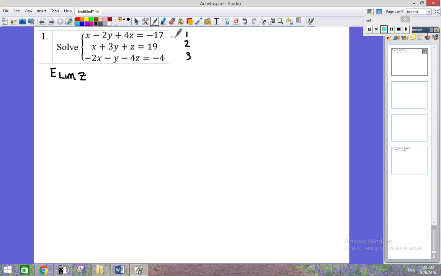And I'm first just simply going to add equations 1 and 3. Try to make sure that you copy the problem down correctly and that you don't accidentally jump and continue to another line.